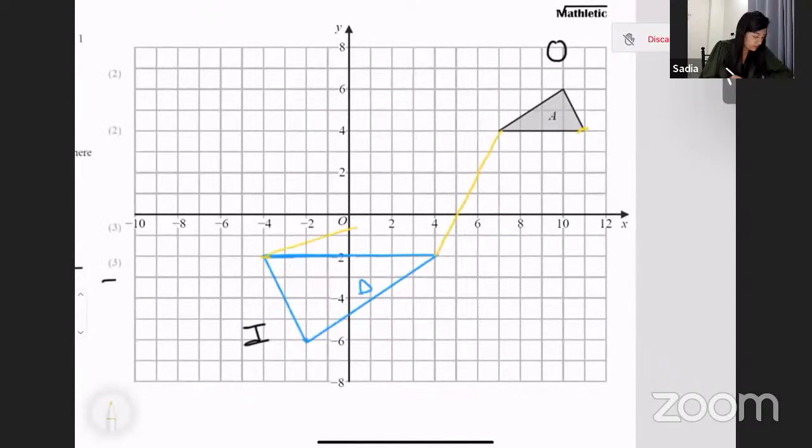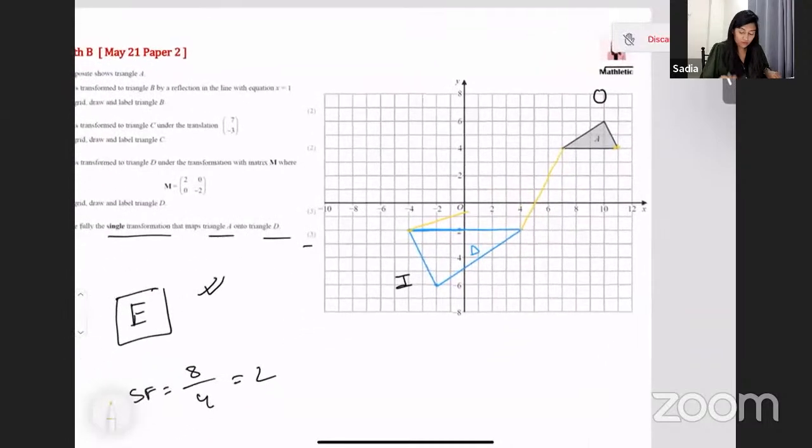You must join them using a scale. For the time being, this is May 21.